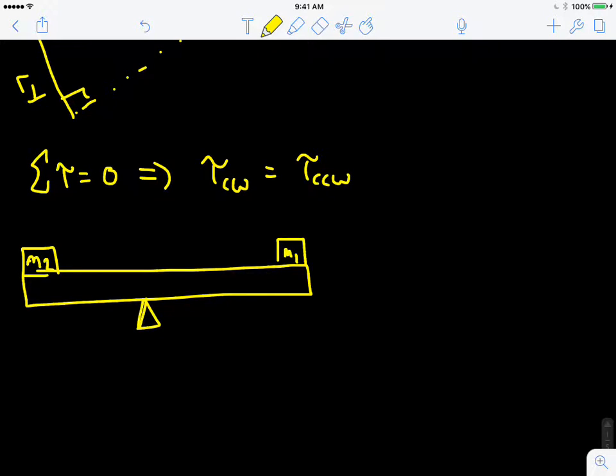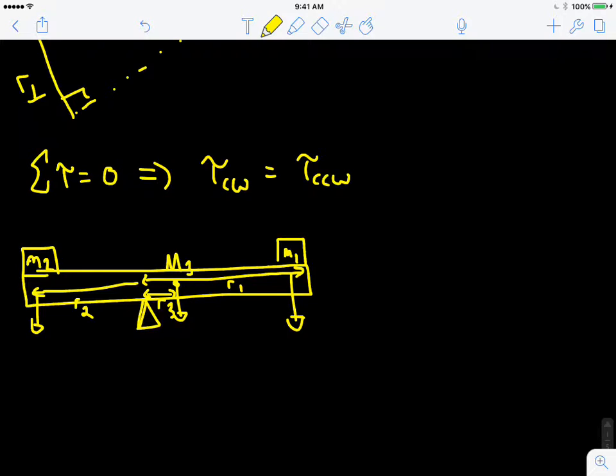The center of mass of the lever itself we'll call M3, and we can describe those lever arms. This could be R3, then we can show the R1, and notice that I'm drawing them from the fulcrum itself. And this would be an R2. Notice that this force is down, this force is down, and this force is down.